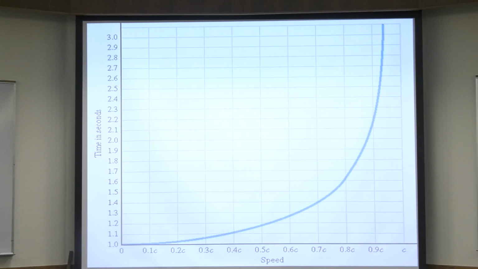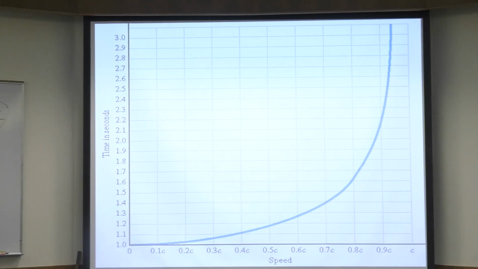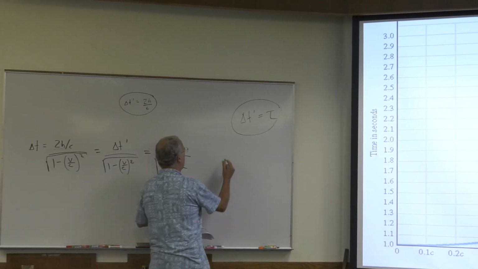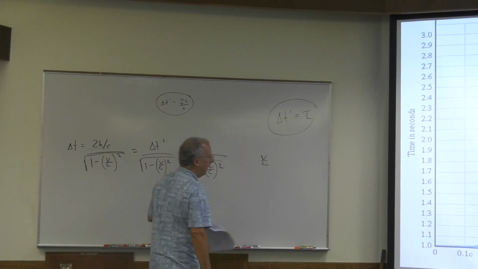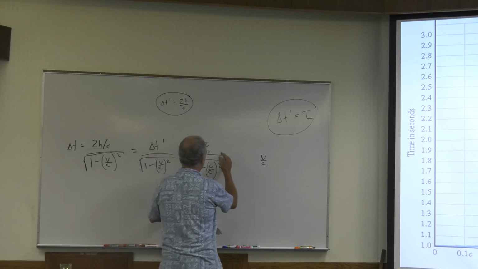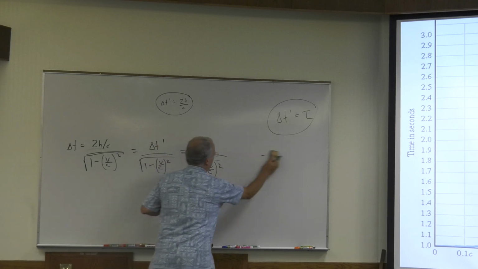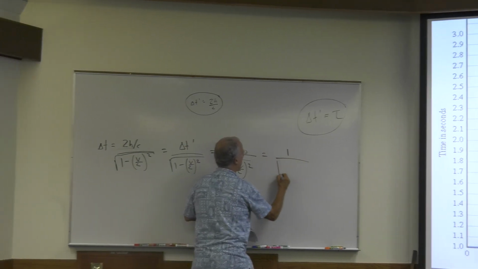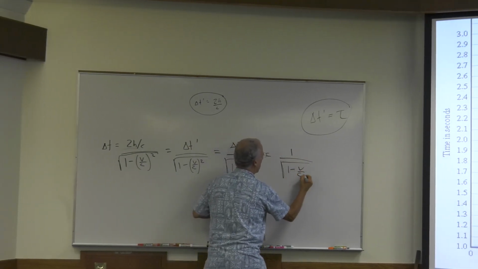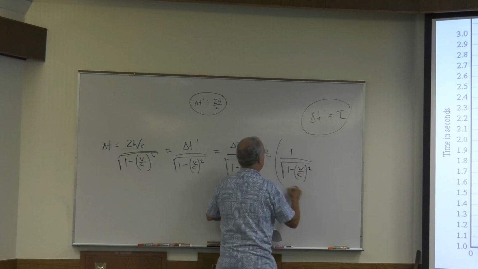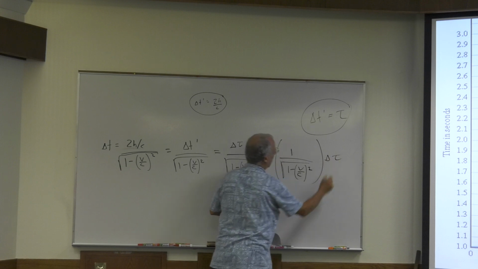Now, look. If you do relativity for a while, you get really sick and tired of writing v over c everywhere. Let me just show you something. This is the same thing as writing 1 over the square root of 1 minus (v over c) squared times delta tau, just algebra.